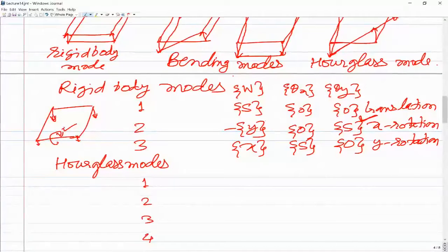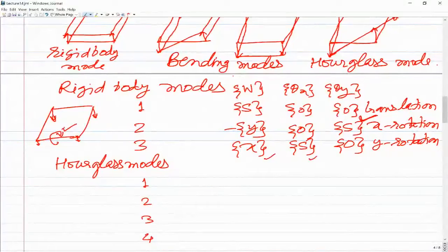And similarly for the third mode, when there is a rotation about the positive y axis, and that rotation is unity, the displacements would be proportional to the x coordinate. Sir, theta x and theta y can be present together, right? Yes, theta x, theta y.